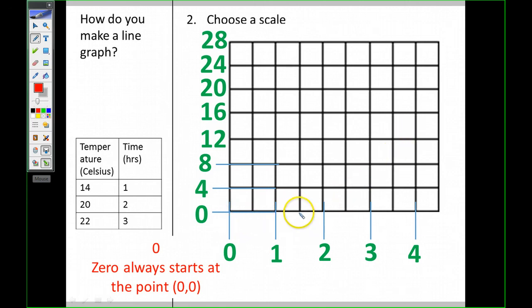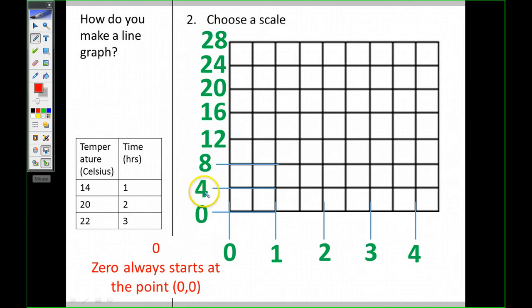If we only went to 3, we wouldn't even be using 1/3 of this axis. And if we did this to, let's say, 100, then our biggest number is 22. We'd be way down here, and we wouldn't be using all the paper. So pick a scale that really fills out, but be consistent.